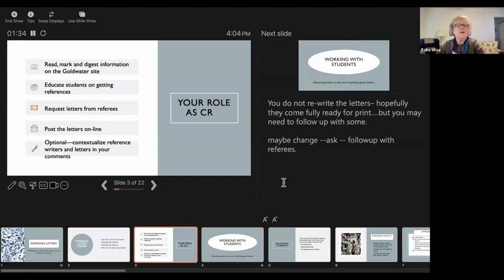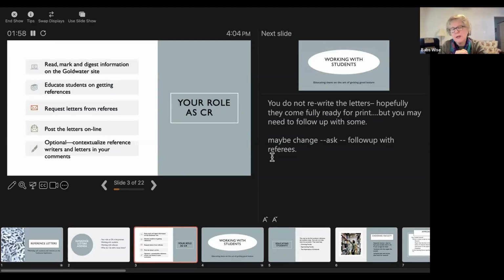So your role as a CR is to really work with the whole application and pull this together. The first thing you have to do, of course, is to read the Goldwater website. There's tons and tons of information about reference letters there that can help you.